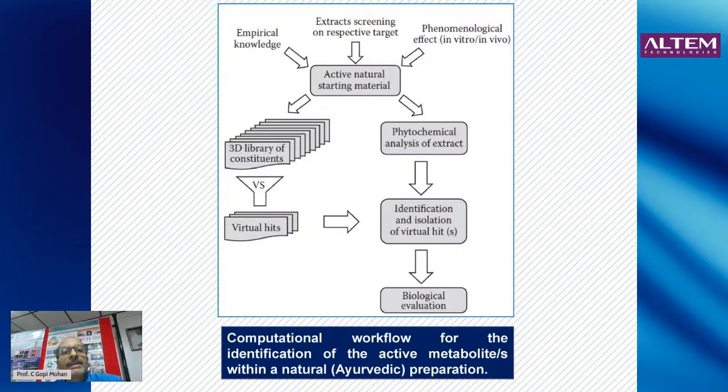All this multi-dimensional technology can be brought in to better understand how one can come up with the starting material for isolation or identification, or how the phytochemical analysis of a particular extract can be utilized to understand which active ingredients are present in particular plants or herbs, so that one can efficiently use those active ingredients or natural products for further biotherapeutics.